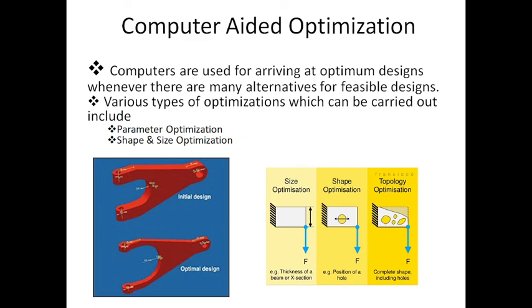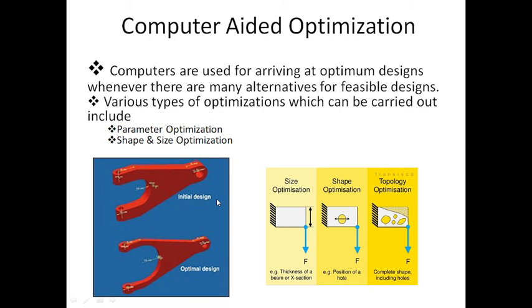All these terminologies are just preliminary for you. You can always find out more details if you are interested. On this adjoining figure, you will see that this is the initial design for this part, and it was subjected to computer aided optimization tools, and this is the result after it was subjected to computer aided optimization, the optimal design.